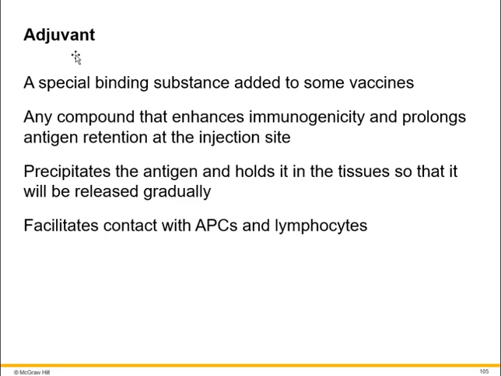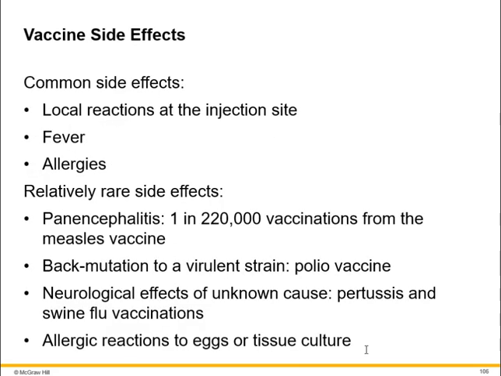It makes it more antigenic, makes it recognizable by the immune system, and it precipitates the antigen and holds it in the tissue so that it can be released gradually. So there's a lot of different vaccines that are now being given an adjuvant to help give it a better efficacy.